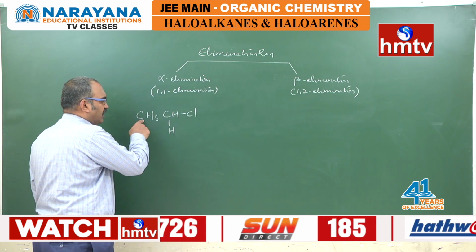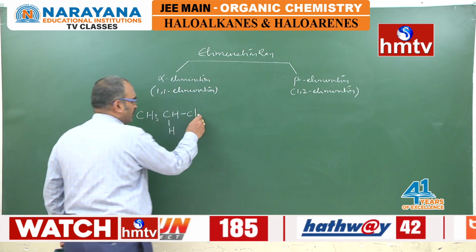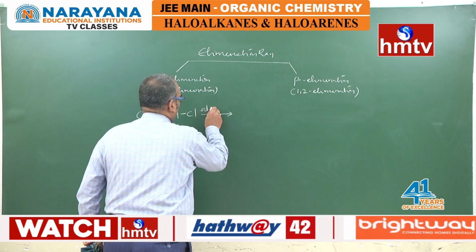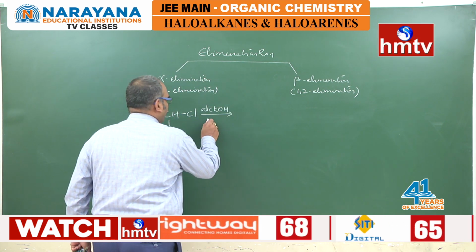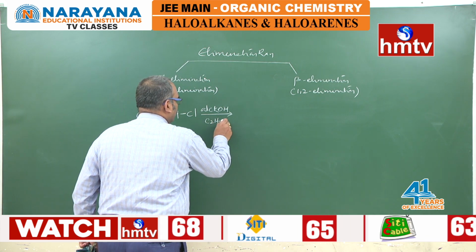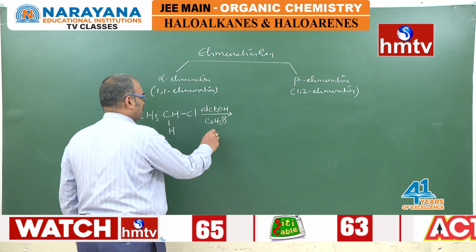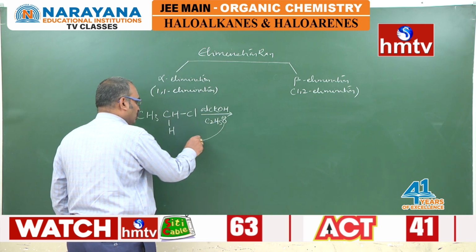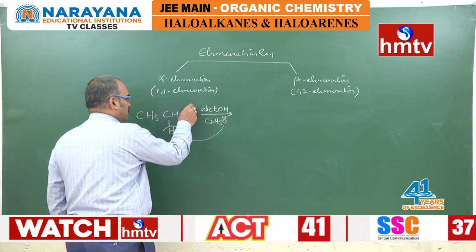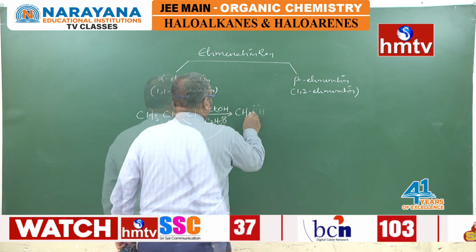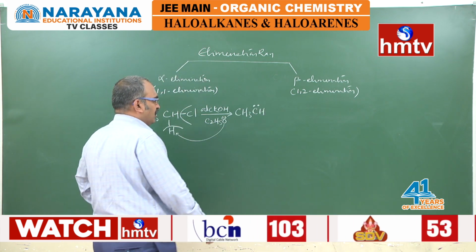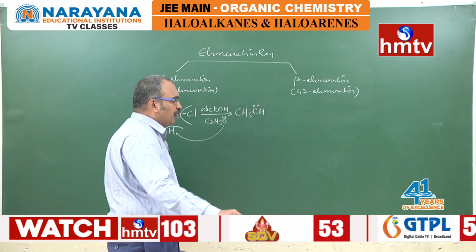This is ethyl chloride, CH3CH2Cl. I am using alcoholic potassium hydroxide, a mixture of ethyl alcohol and KOH, which provides you C2H5O minus. Now it consumes the proton and Cl minus goes out, which leads to the formation of CH3CH2CH with a double dot.